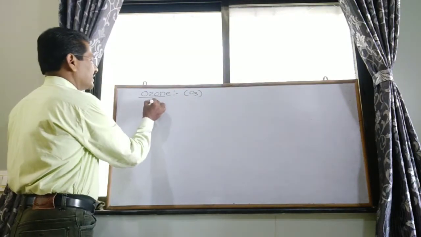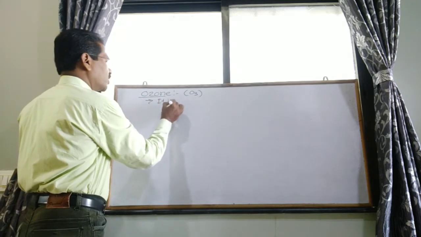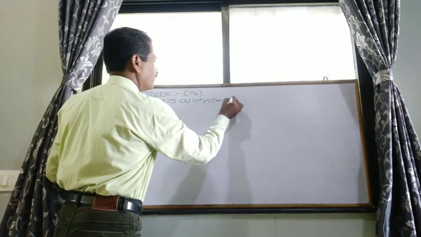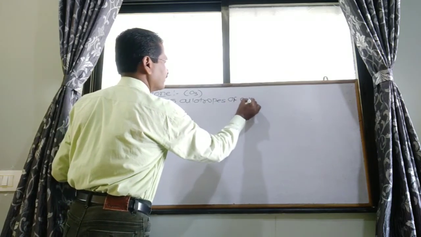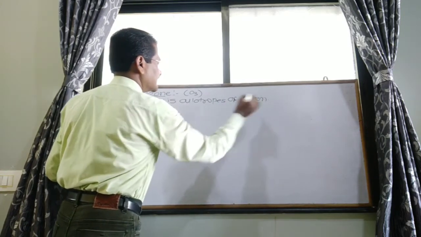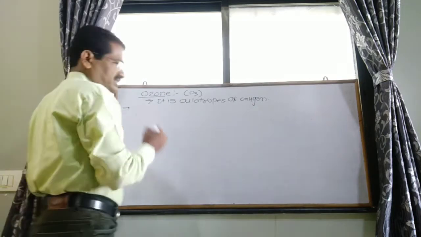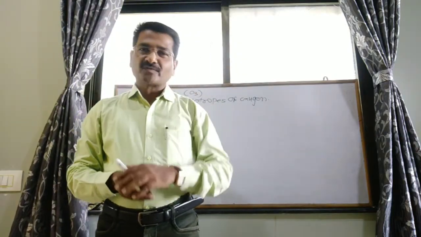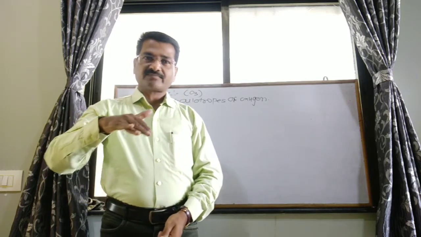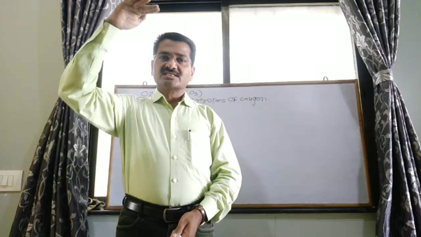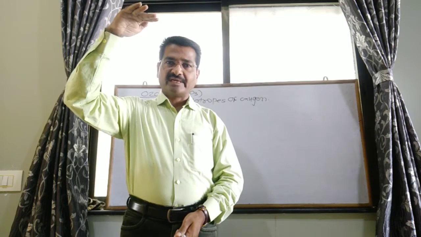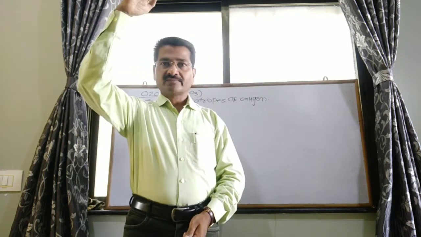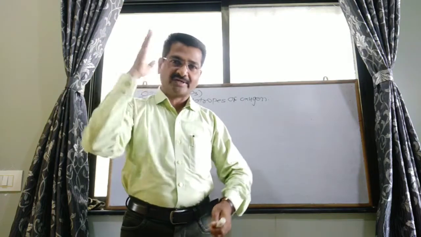Ozone is an allotrope of oxygen. This allotrope of oxygen occurs some distance from the earth, nearly 30 to 32 kilometers from the earth, where the ozone layer is found.